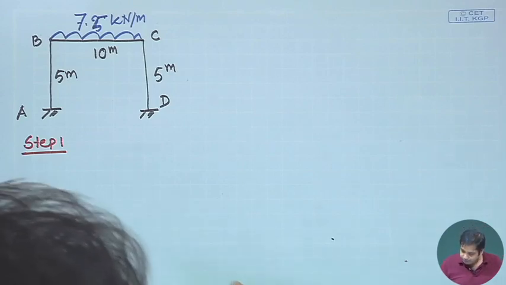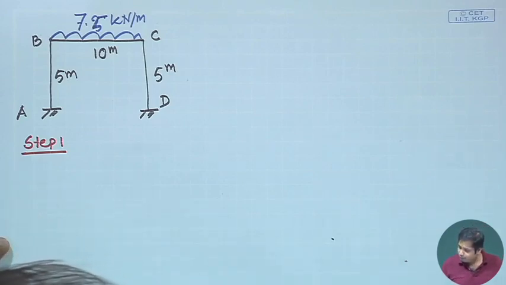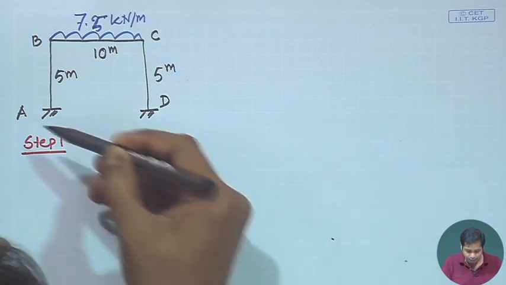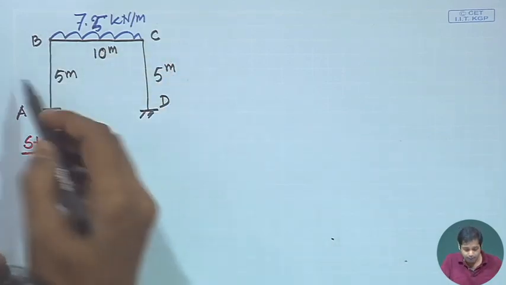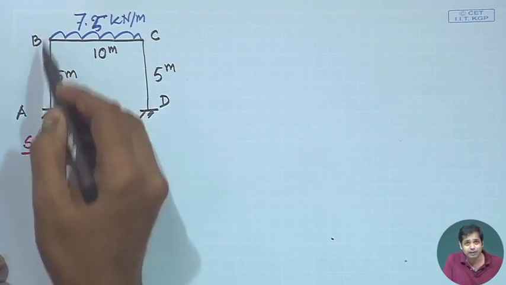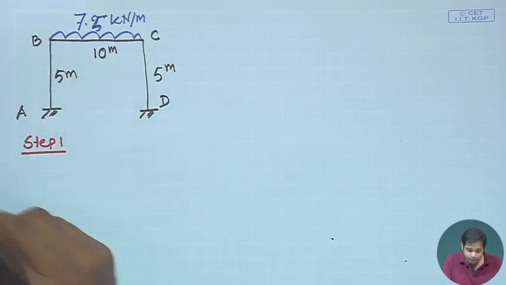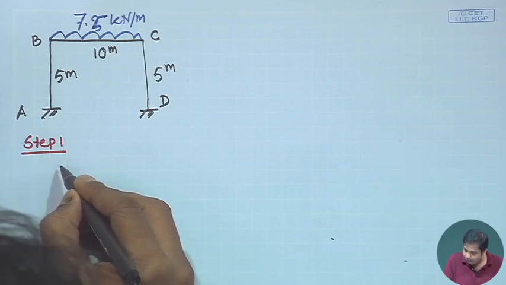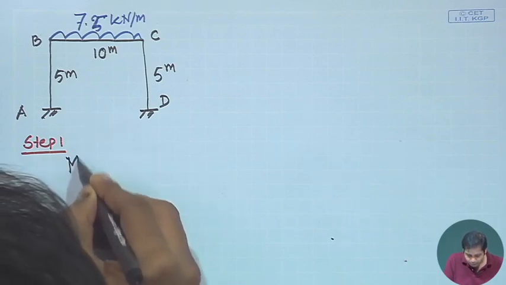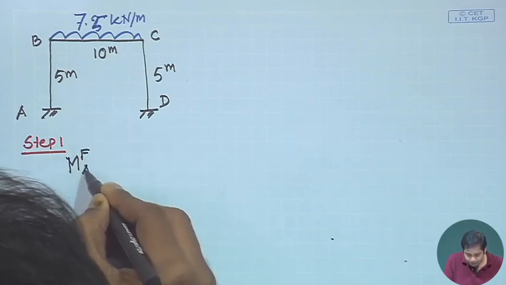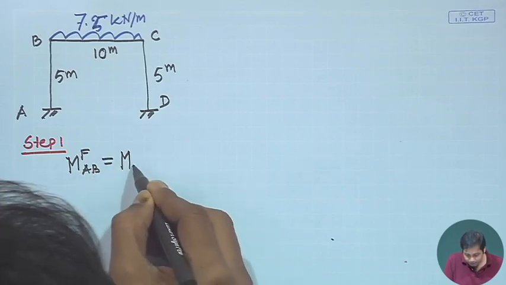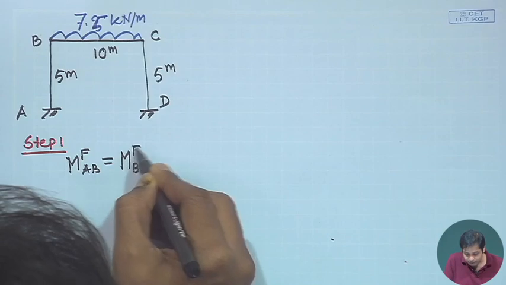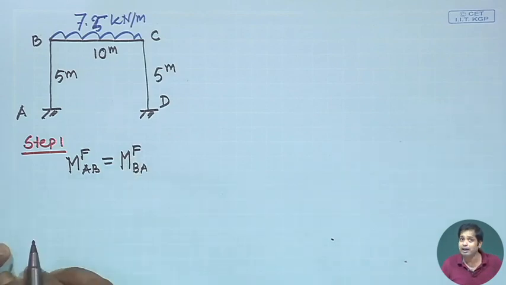Fixed end moments: for part AB, there is no external load applied, so the fixed end moments in part AB, M_AB fixed and M_BA fixed, are equal to 0.